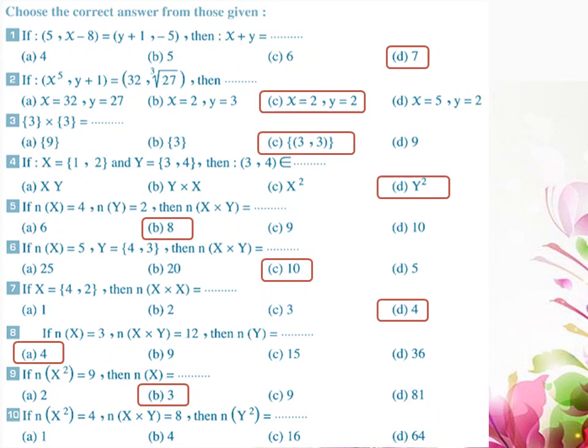Firstly, we will find n of x, the square root of 4, equals 2, and n of y will be 4, because 2 times 4 equals 8. So n of y power 2 is 4 times 4 equals 16.